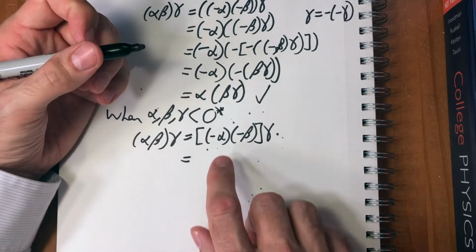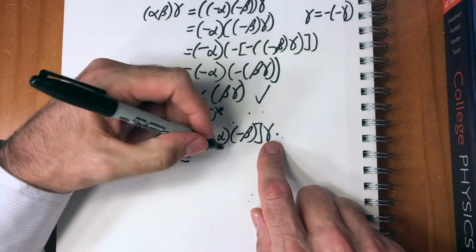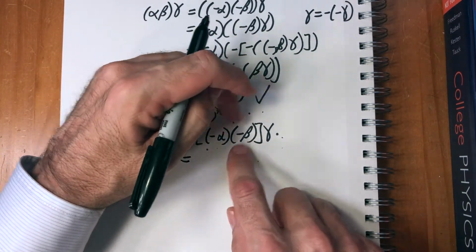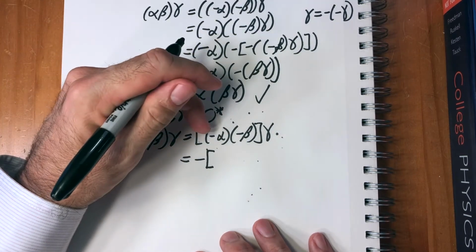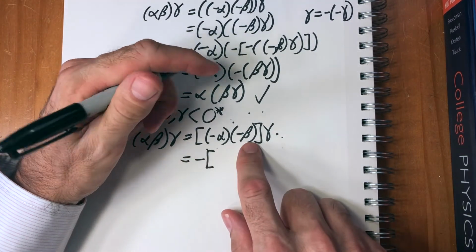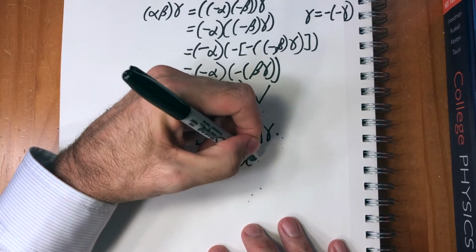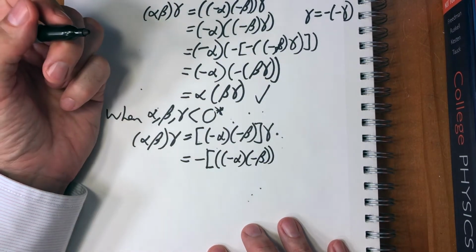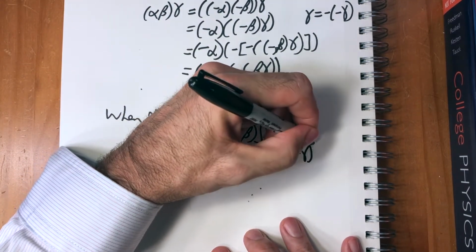That means that this is positive and this is still a negative. So we can rewrite this as the definition of a negative, of a positive times a negative. So we have minus, and then we're leaving the first one. So that's minus alpha minus beta times the opposite of gamma.